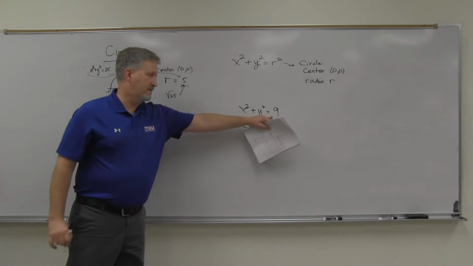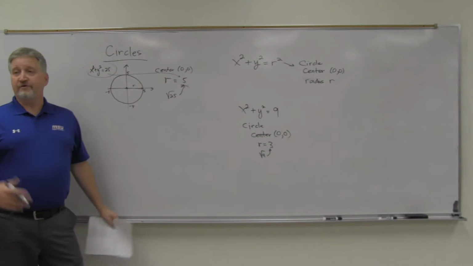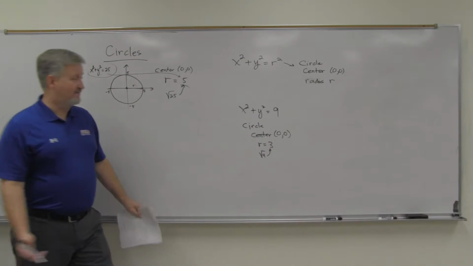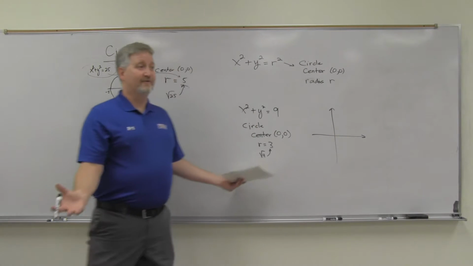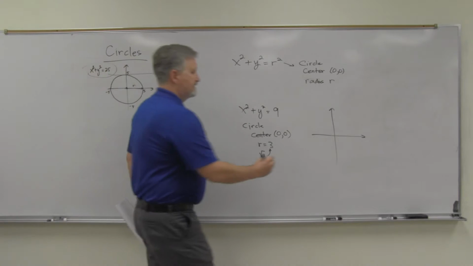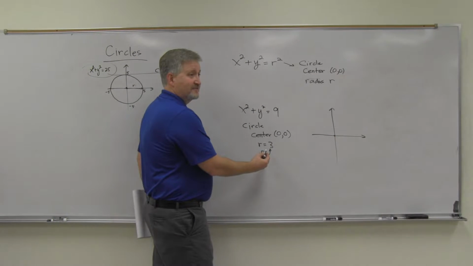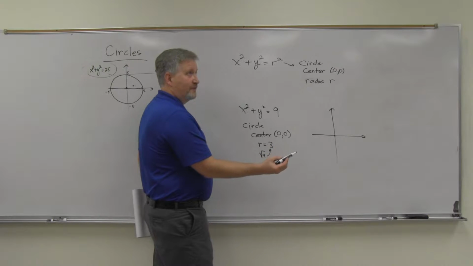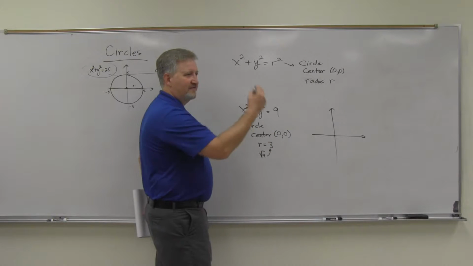That's not the radius, it's the square of the radius, so you got to square root it to get the radius. And that gives us a very easy way to graph this because, like we said, on a circle, all points are the radius away from the center, 3 units. So here's my center. I'm just going to go out 3 units in all directions, and the 4 easiest directions would be north, south, east, and west, right? Right, left, up, or down.